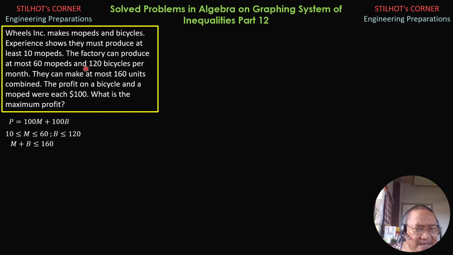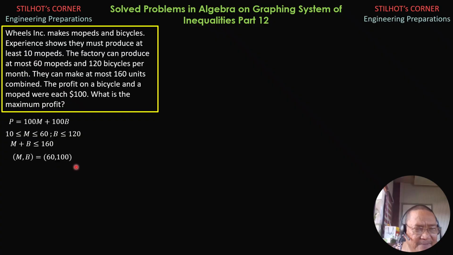First, if we maximize the number of mopeds produced to 60, then we substitute it into this equation. Bicycles should be 100, and 100 units is less than 120 bicycles, the capacity of the factory. So that is acceptable, that is possible: 60 comma 100. So 60 mopeds, 100 bicycles.